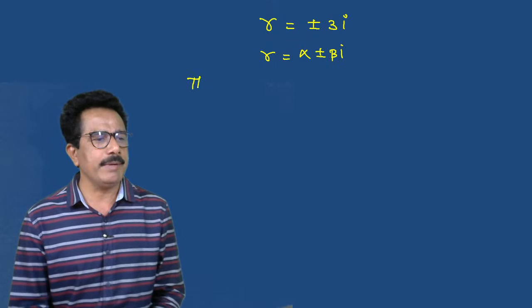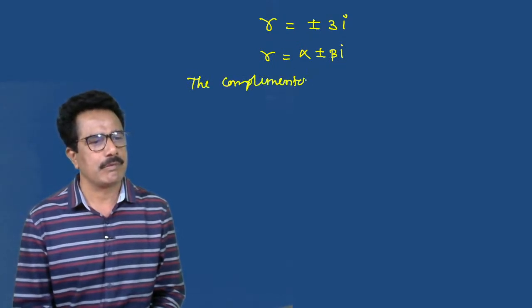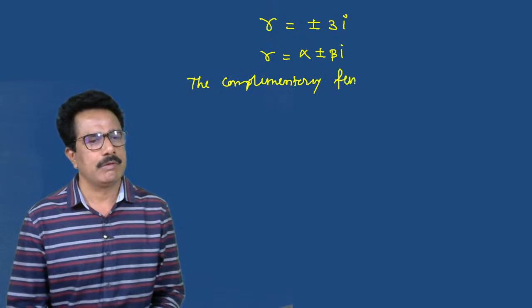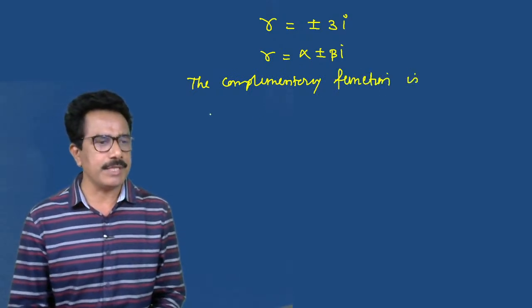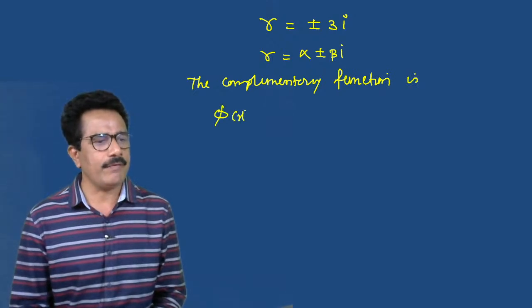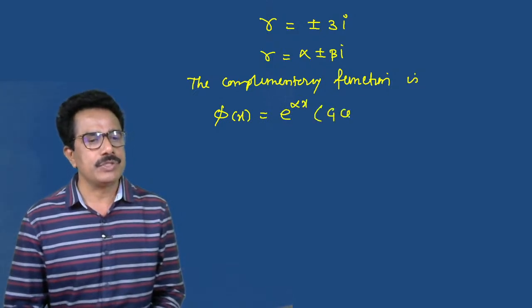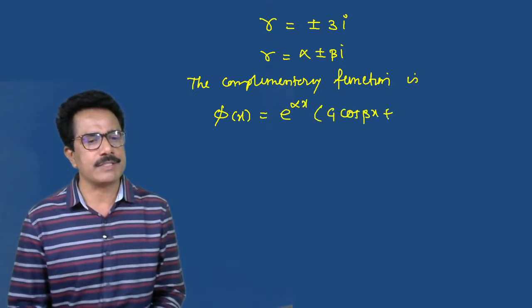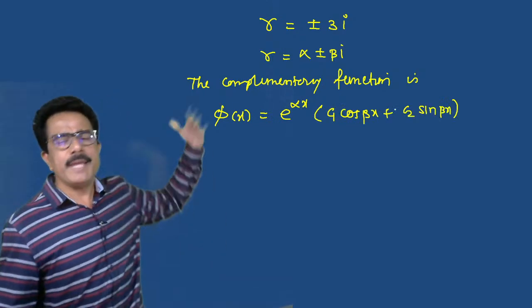So the complementary function is, how to write the complementary function. Therefore phi of x is equal to e raised to alpha x in a bracket c1 cos beta x plus c2 sin beta x. We have seen this many times.